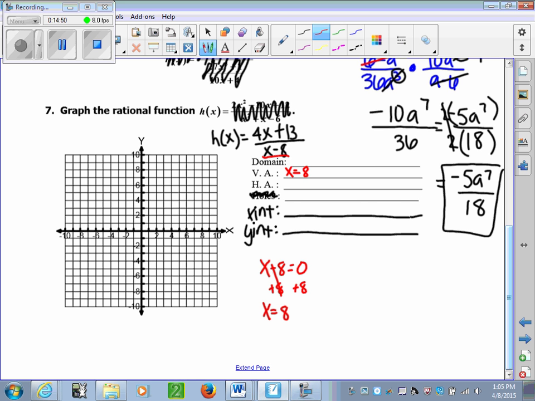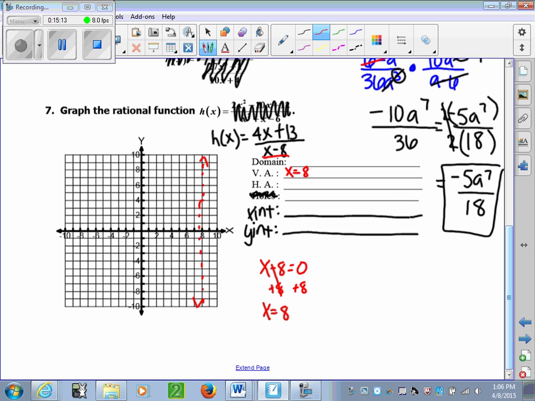So I'll go ahead and put that on my graph as well. So I have a vertical asymptote at x equals 8. And we always use dashed lines for our vertical asymptotes, okay?